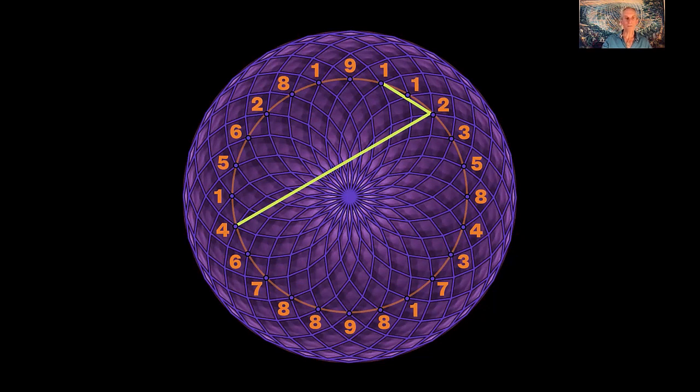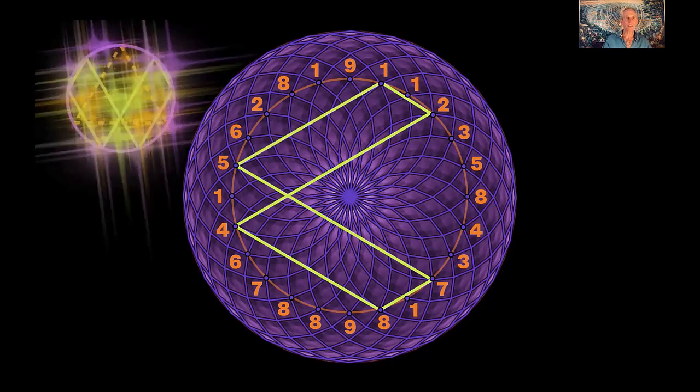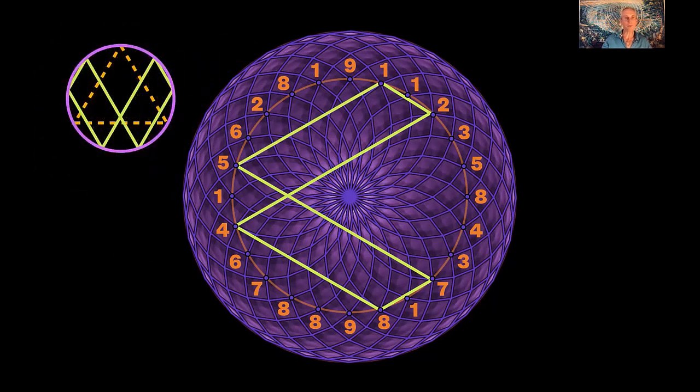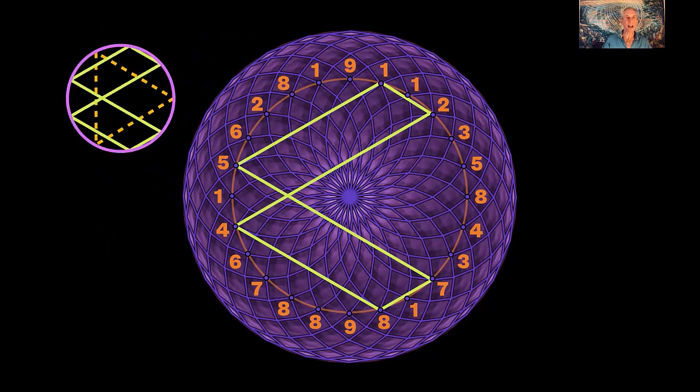And then we go from 4 to 8. And then we go from 8 to 7, just like we do in the symbol of enlightenment. And then we go from 7 to 5. And then we double 5 to get back to 1. Does that look familiar, that symbol? Well, it sure does. Right from the symbol of enlightenment, there it is. And if we rotate it 90 degrees clockwise, we have a direct copy.